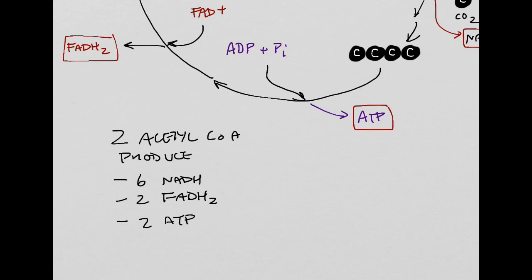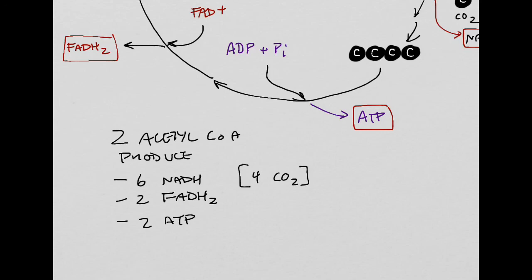We also produce, and I'm just going to put this in parentheses over here, 4 carbon dioxide molecules. I put it in parentheses or brackets because that's a waste product. We don't really care about that stuff. We care much more about the NADHs, FADH2s, and ATPs.